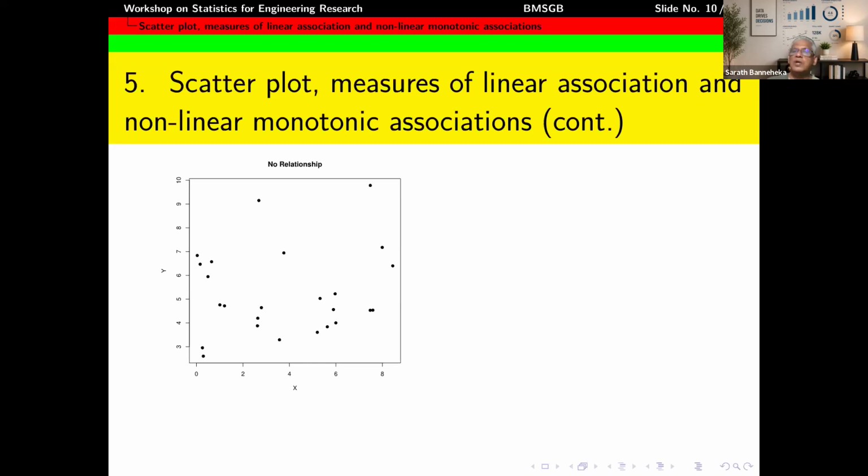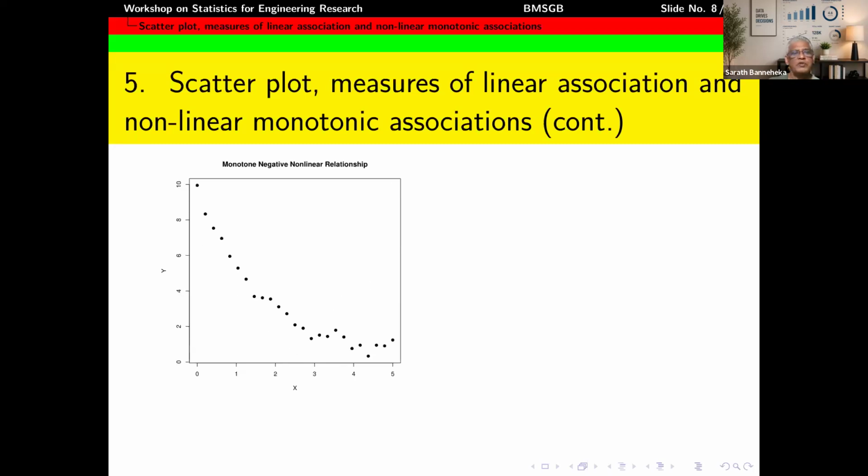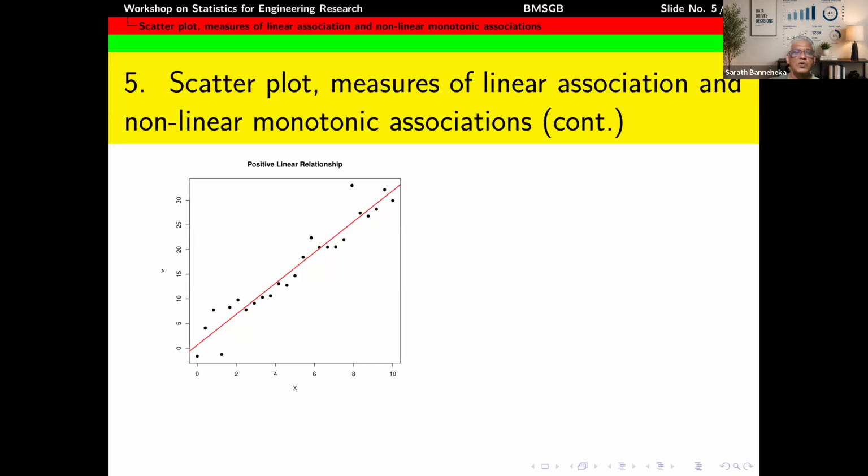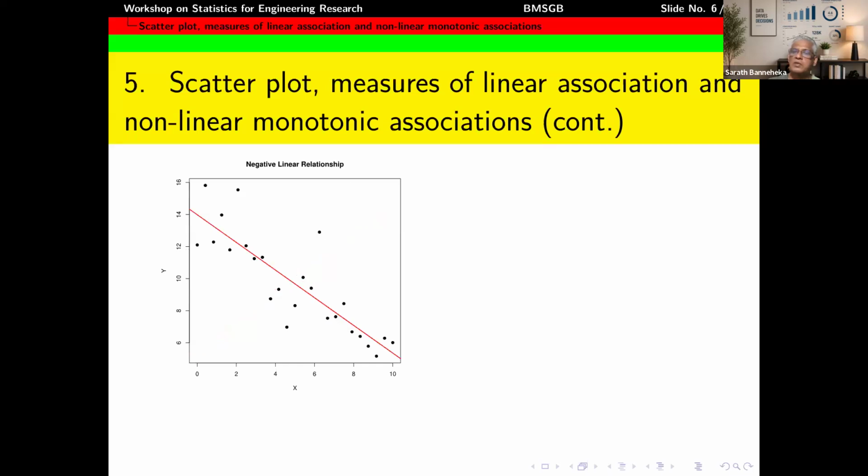Okay, now, as I mentioned earlier, when there is a linear relationship like this or like this, you might be interested in mentioning the strength of the linear relationship, how strong the relationship is.